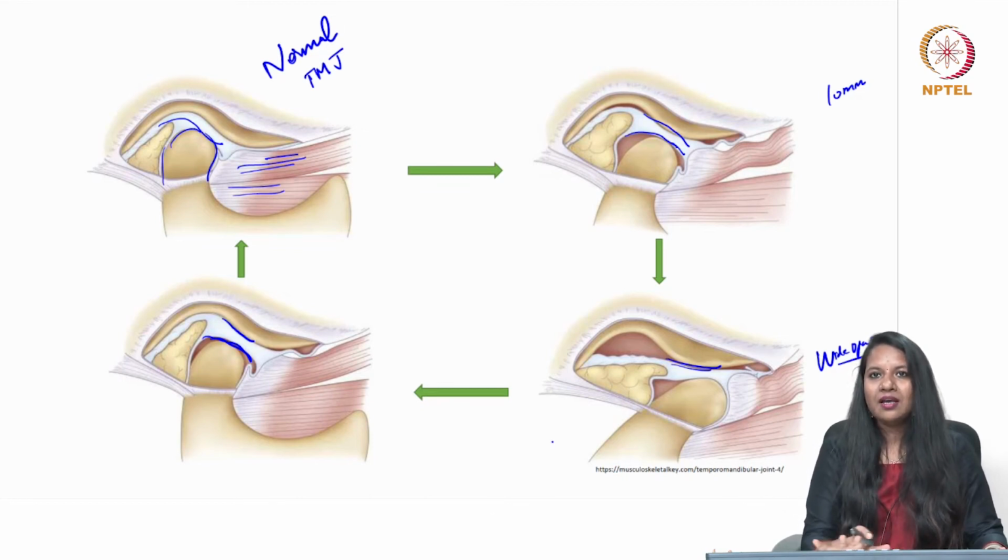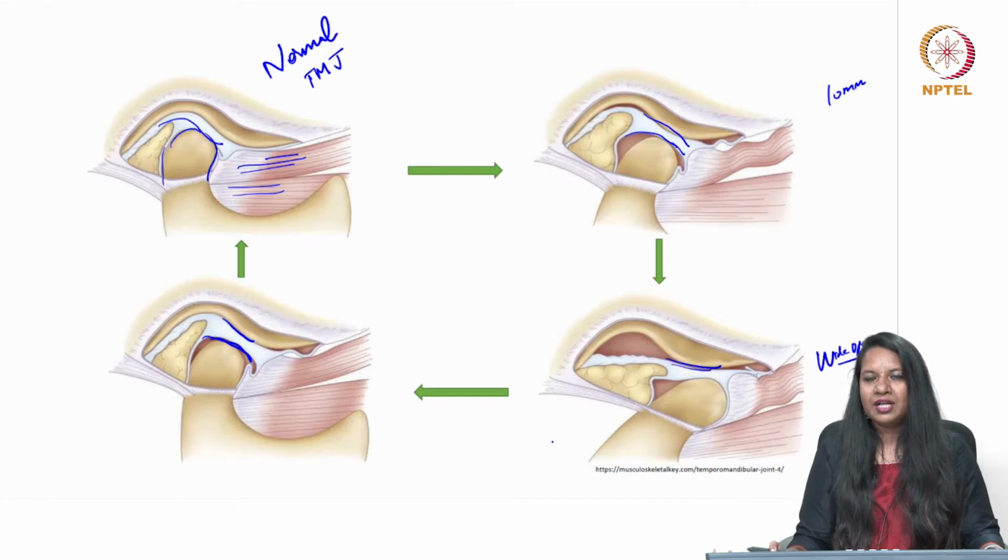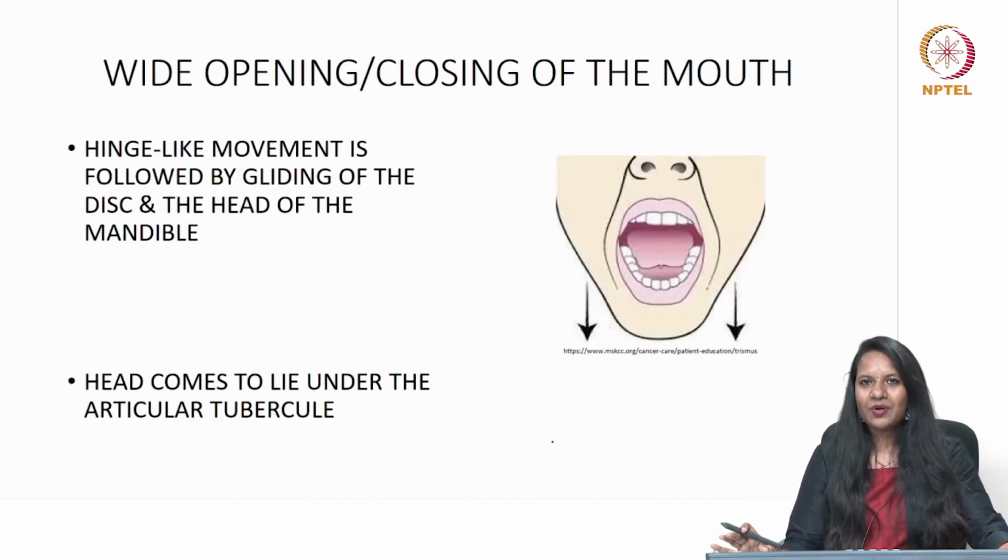So, this is the normal movement of TMJ during mouth opening and closing. It is mainly by the articular disc and the condyle. The first initial opening is by the rotation and the wide opening is by the translation of the articular disc over the temporal bone.